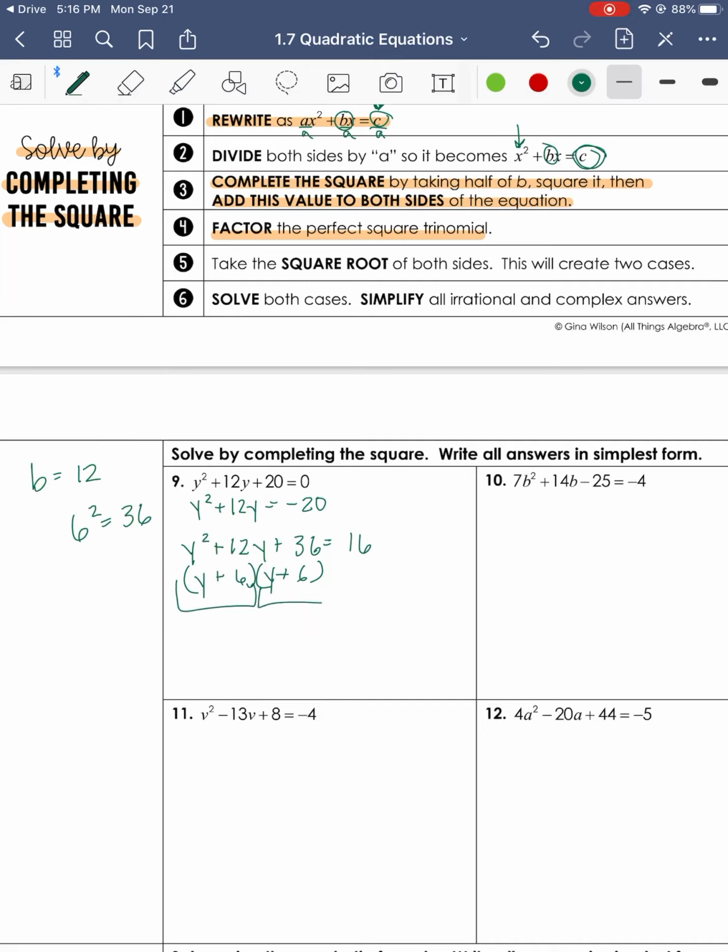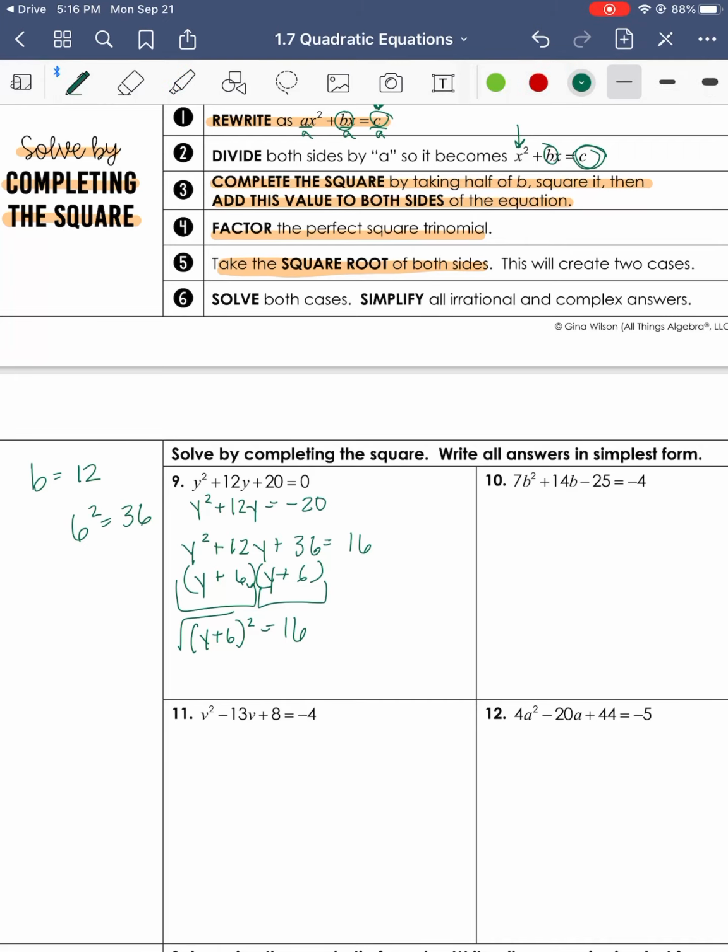But because these are the same exact binomial, we can actually write that as y plus 6 squared is equal to 16. Okay, so we just completed the square there, and now we have a perfect square, and it turns out we have a perfect square on the other side too. This is not always going to be the case, but it is right now.